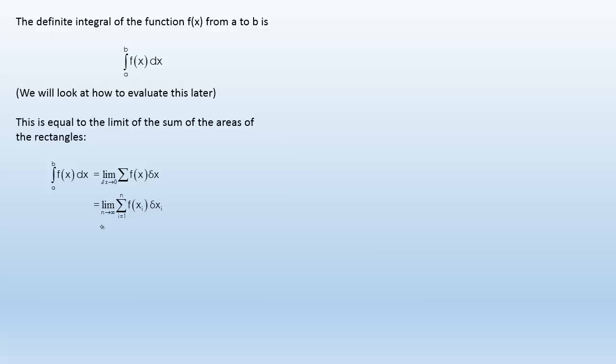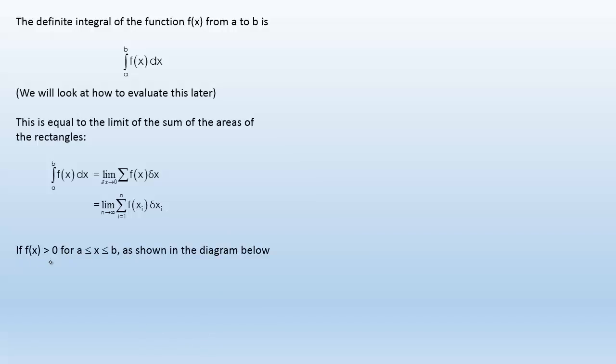And what we can do is write that using the sigma notation here with i equals 1 to n. So what we're saying is that there are n rectangles, and of course as n tends to infinity we get more and more and more rectangles.